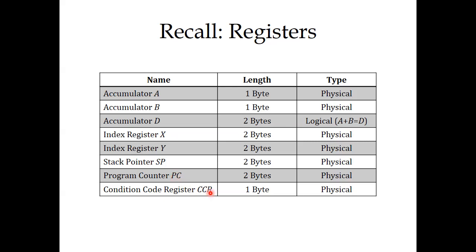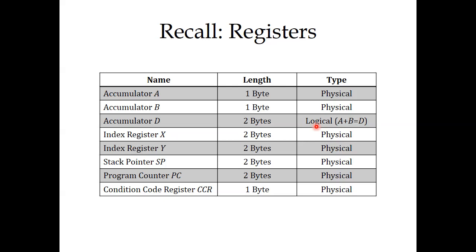The condition code register CCR is a little bit different kind of register. We'll talk about this at some point. It is 1 byte. And on the very right side, I also wrote the type of the register. By type I mean that if the type is physical, these registers exist physically. All the registers are physical except one.